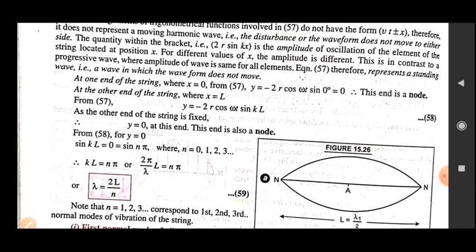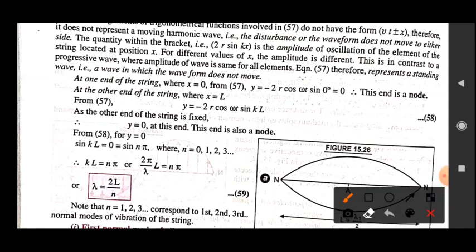Now next, as here y is equal to 0, if you put this in the equation, obviously we see the product 2r cos omega t into sine kL. The factor 2r cos omega t cannot be 0 because the wave has some amplitude, 2 is already a constant, and cos omega t also has some value because the wave is produced due to oscillation and has some frequency.